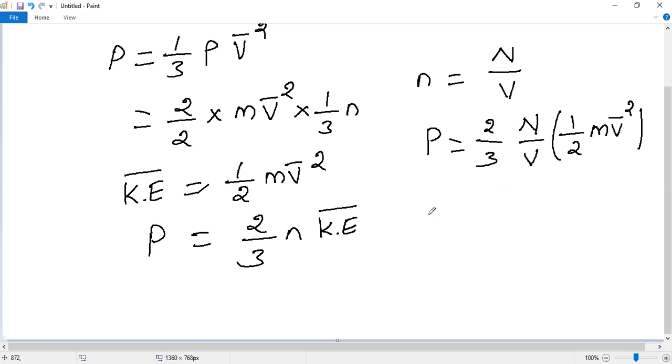In PV format, the volume comes to this side: PV equals 2 by 3 N, that is 1 by 2 m v square. Again I write it as kinetic energy bar.